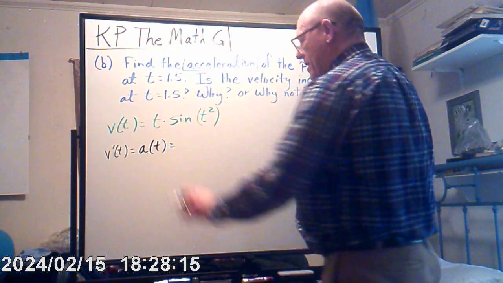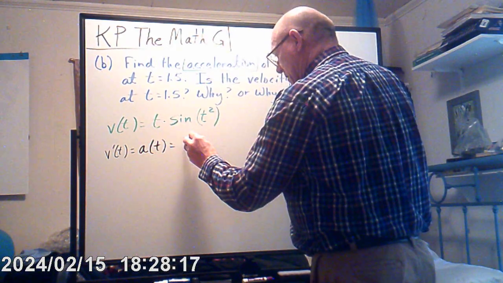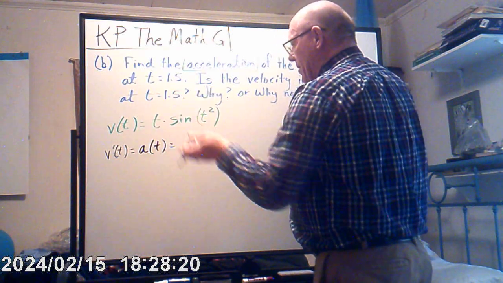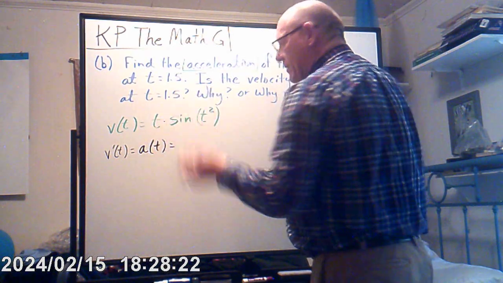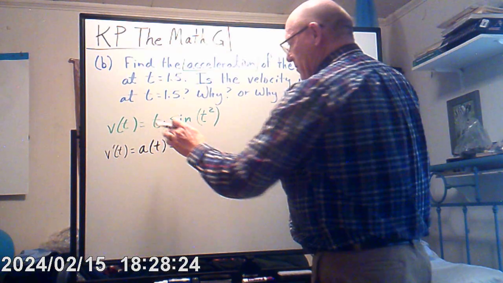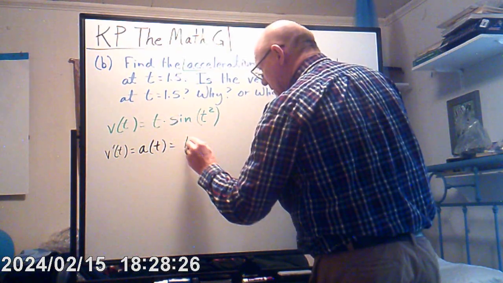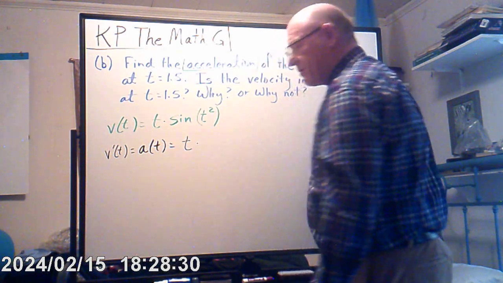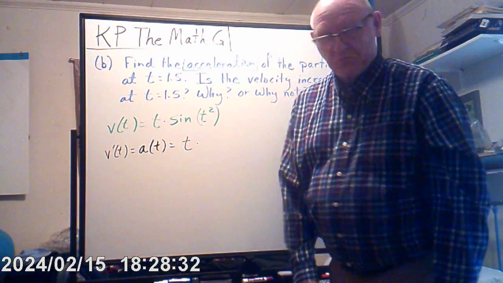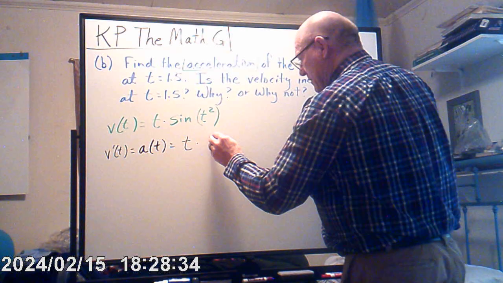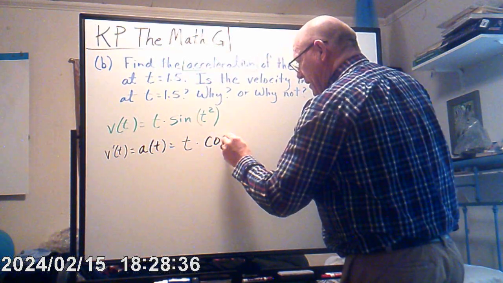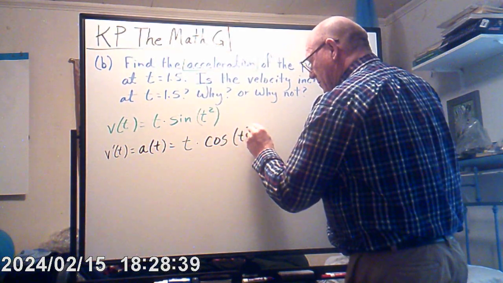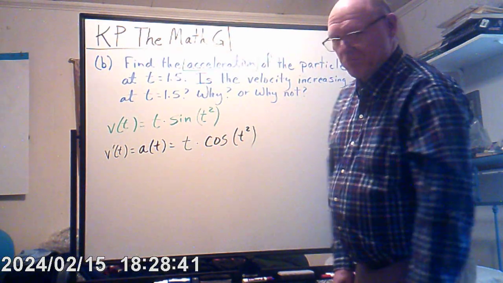You can do it in any order you want. I'm going to do the first times the derivative of the second. What's the derivative of sine? That's right, cosine. Cosine t squared. Is that all we do?